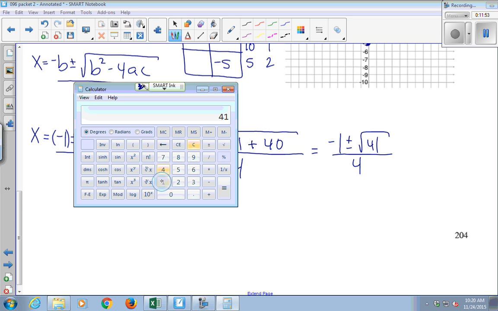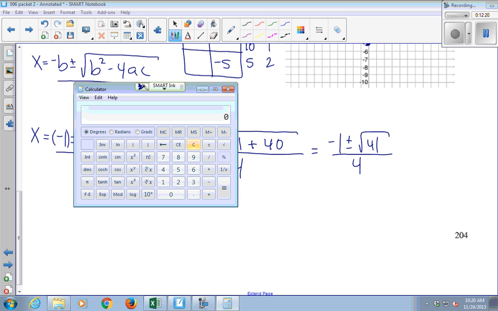So 41 divided by 4, nope. The next one's 9. 41 divided by 9, nope. 41 divided by 16, nope. 41 divided by 25, nope. 41 divided by 36, nope. And then obviously 49 won't go in because it's bigger than 41, so it doesn't have any perfect square factors.